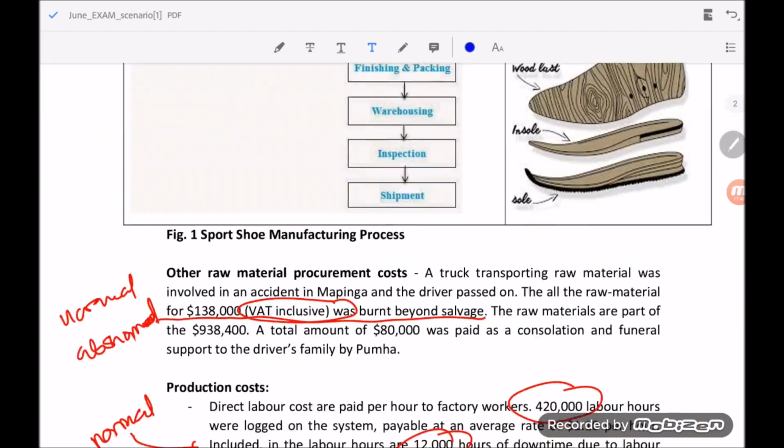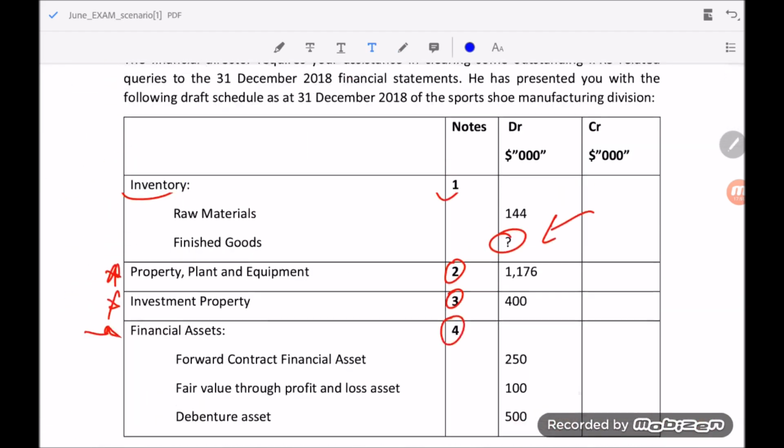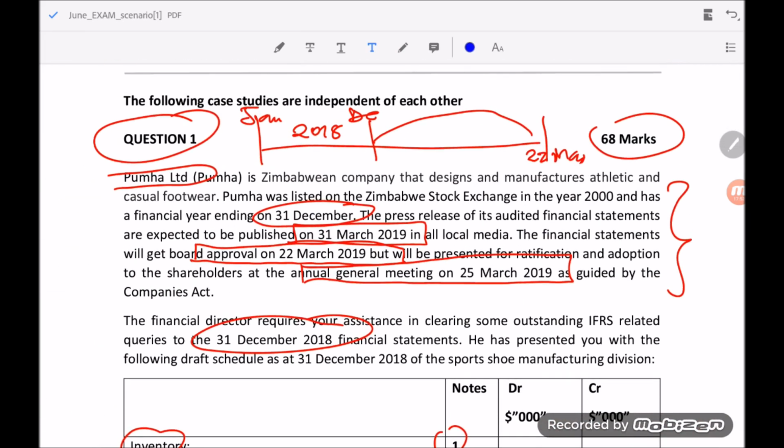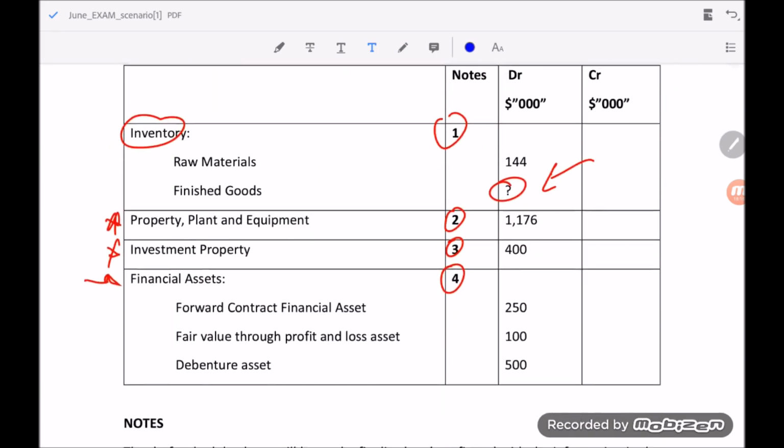Do you remember if we go up here, we were given information in terms of the dates of the financial period as well as the dates of the events after reporting period. To what extent can we consider? And we see that this event is only coming to take place on 20 February here, which is within the range where we consider events after reporting period. So this is actually an event after reporting period.